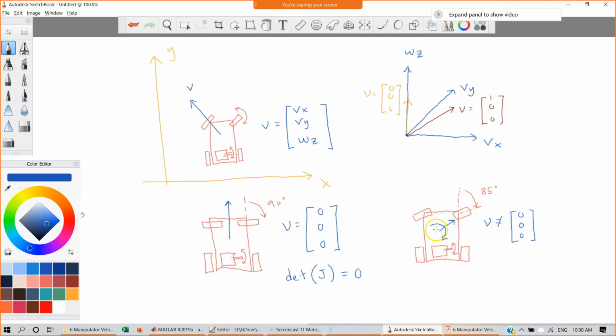You will notice that the mobile robot will turn, and it probably will move in that x and y direction. So here, if you analyze the Jacobian, the determinant will be non-zero.